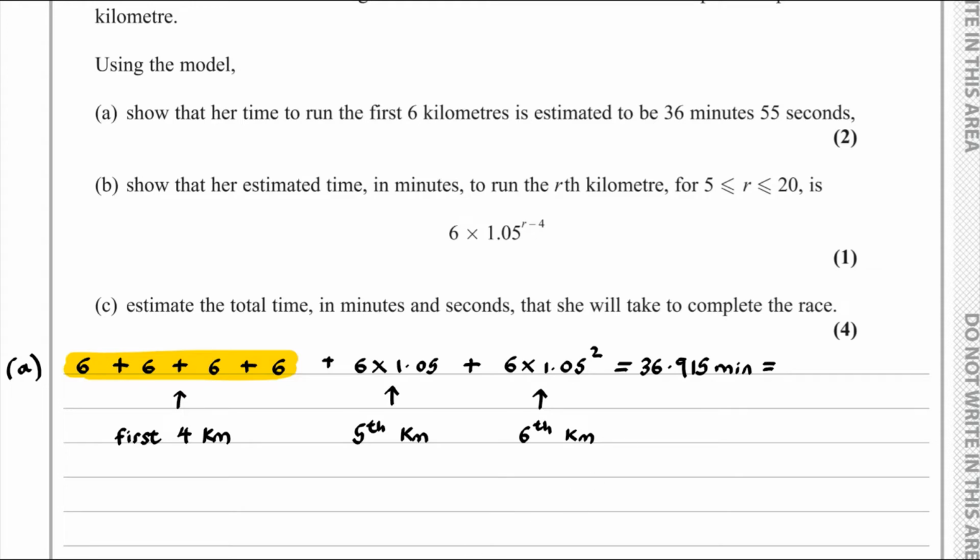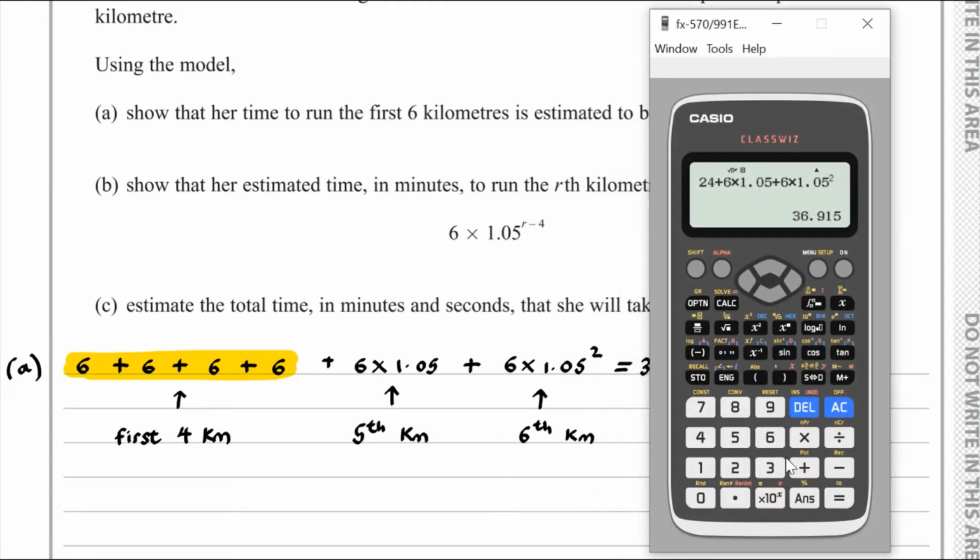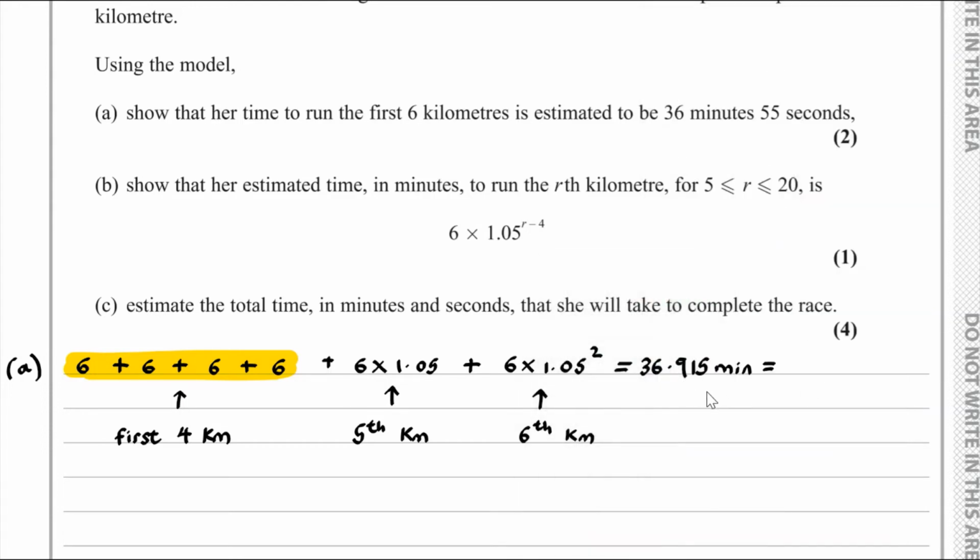And if we convert this 0.915 into seconds, so let's subtract off 36 and then times by 60, we get 54.9 seconds. So of course we have something which is approximately 36 minutes and 55 seconds.